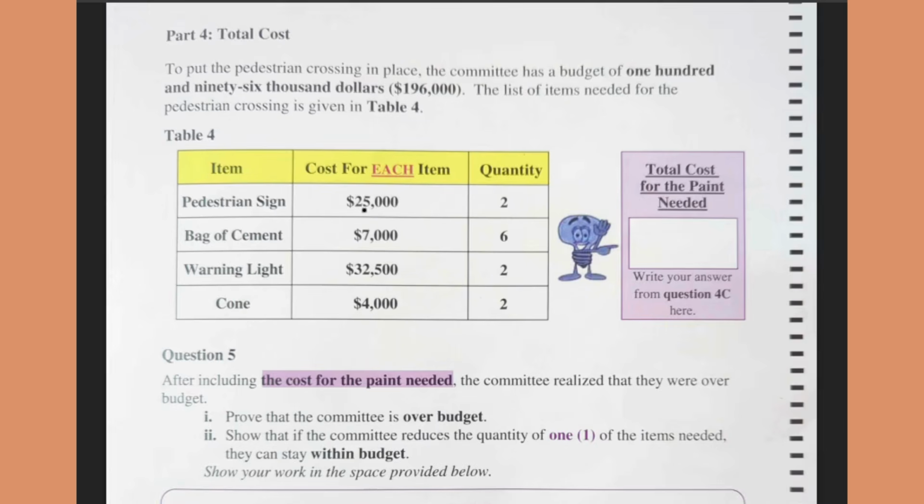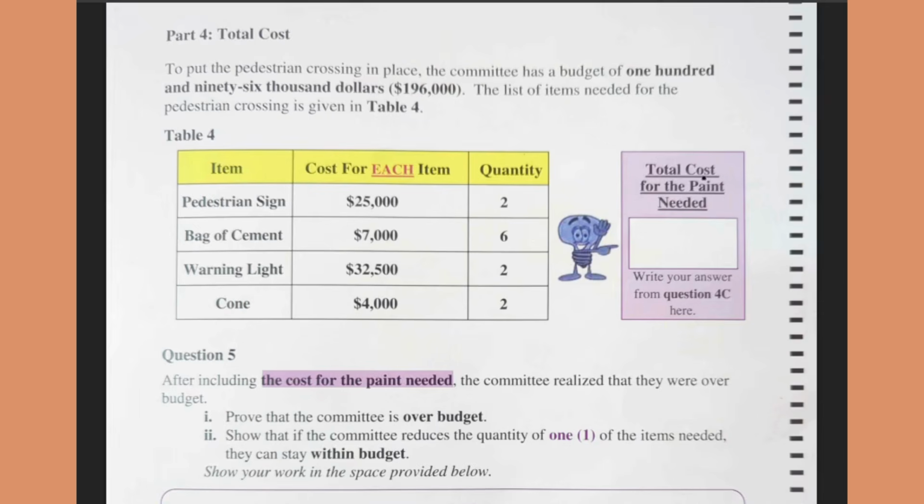Each pedestrian sign is 25,000, the quantity is 2. Bags of cement, 7,000 each, quantity needed 6. Warning light, 32,500 for each, and the quantity is 2. And cone for each is 4,000 and the quantity is 2.